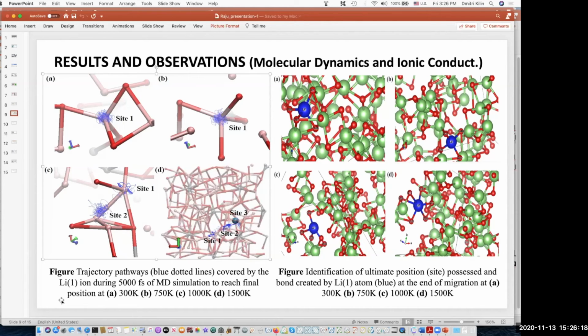If we see the chemical structure of this material, it has two structures: Ia3d, that means cubic structure, and I4/1/acd, tetragonal structure.